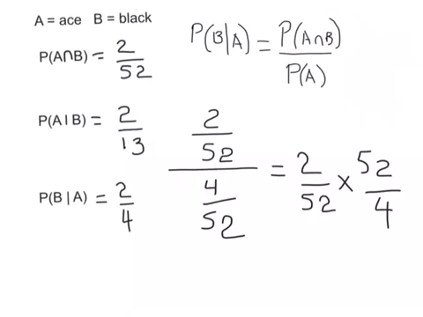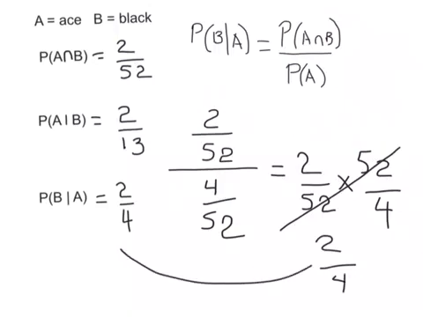That's one way to look at it. And we get this. 2 over 52 divided by that is really 2 over 52 times 52 over 4. And look what happened. We cross cancel. Remember that? It's all junior high stuff. And we end up with 2 over 4, which is that. So we've just shown that right here. This is equal to that.